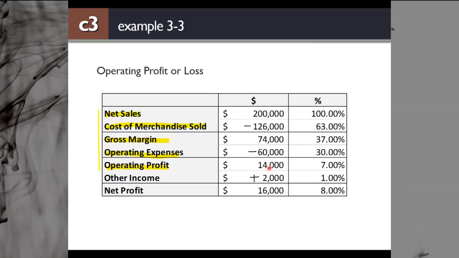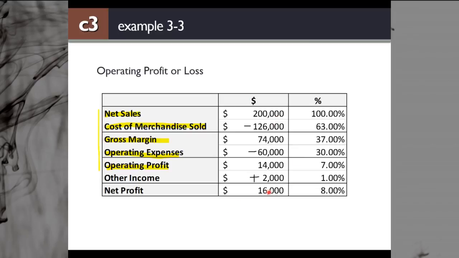And how about this one? Your operating profit also, that will be your dollar amount of operating profit divided by net sales. So what you see from here, you always have to divide the number by net sales. And other income too. This 1% came from where? 2,000 divided by 200,000.